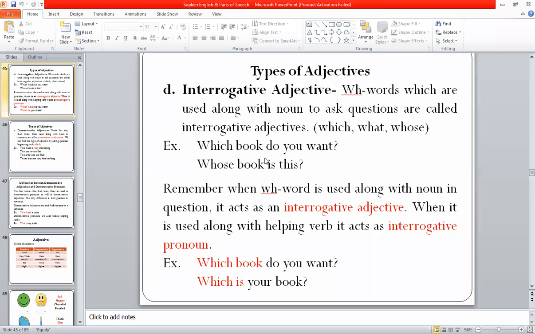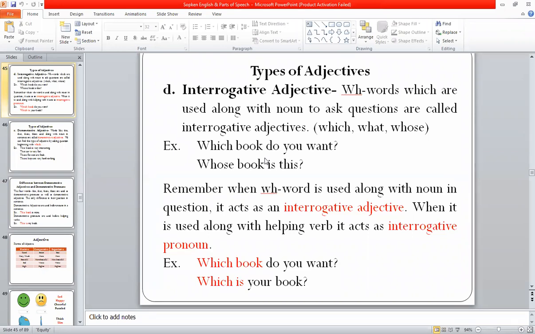Okay, so these are the examples. If we ask the question, which color do you like, then which is the WH word, and after that color is a noun, and that is why which is called an interrogative adjective. Which color do you like?